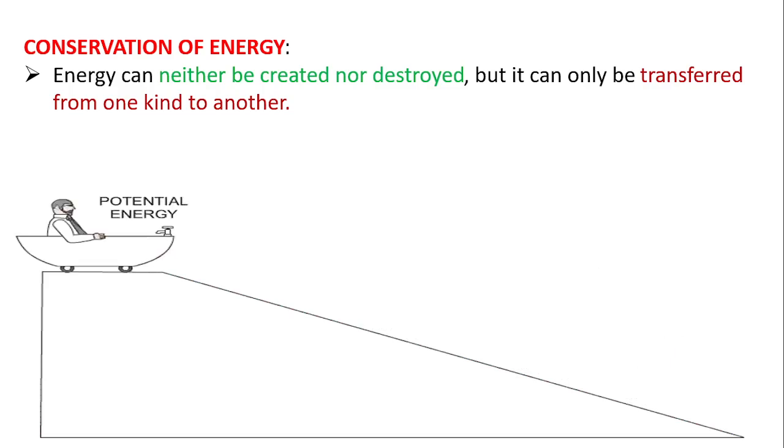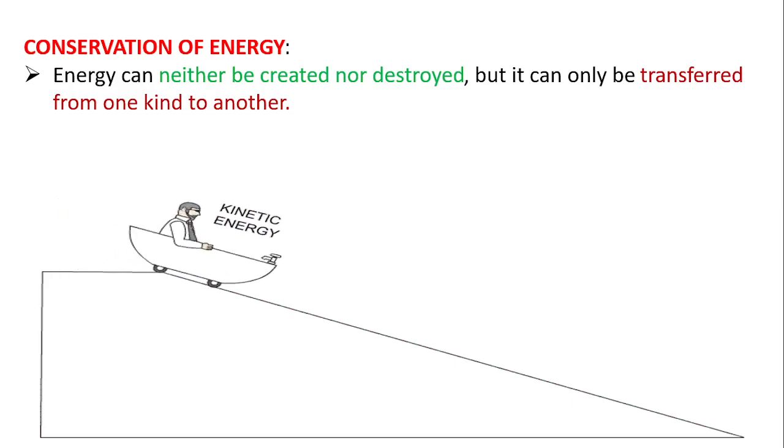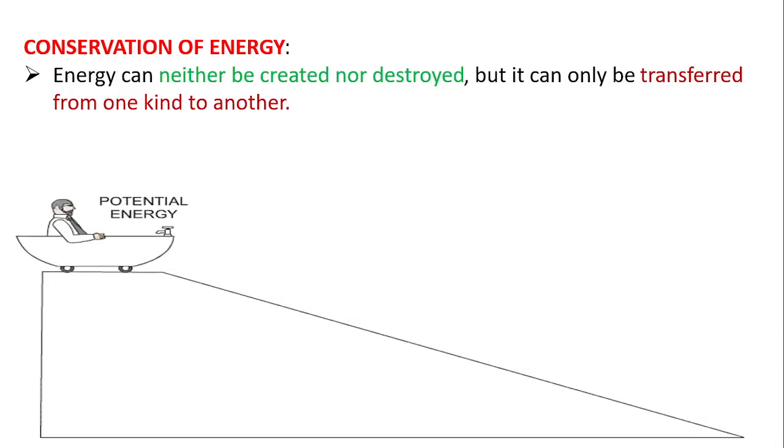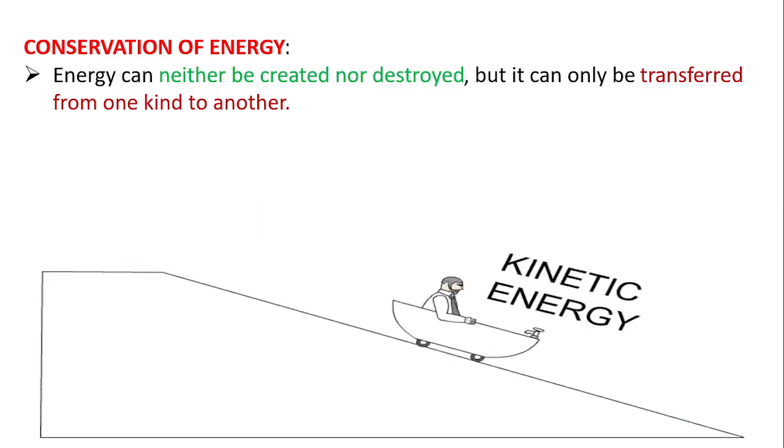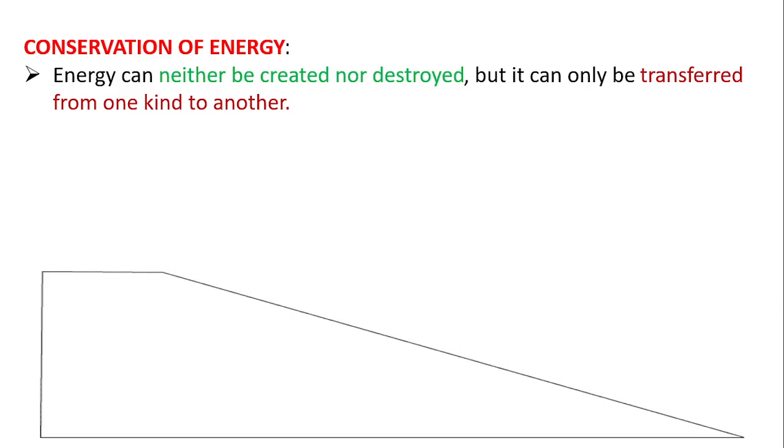So one thing that we can understand from here is that from the time of creation, energy has remained constant. The only thing that has been happening to energy is it being transferred from one form to another, because no one can create it and no one can destroy it.